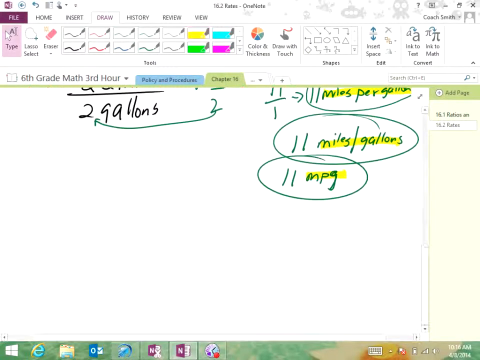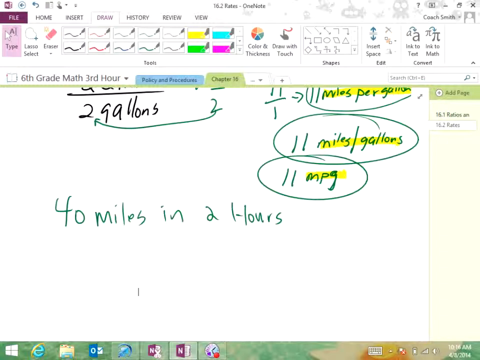Let's look at number 1. Number 1 says 40 miles in 2 hours. They want you to put that in a rate. So what is my rate for 40 miles in 2 hours? 20 what?